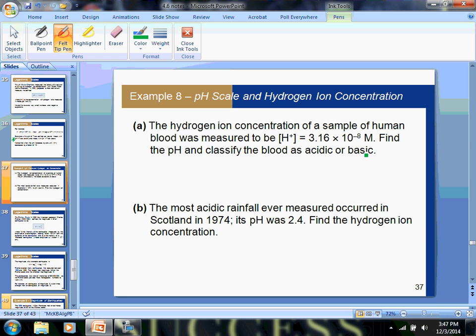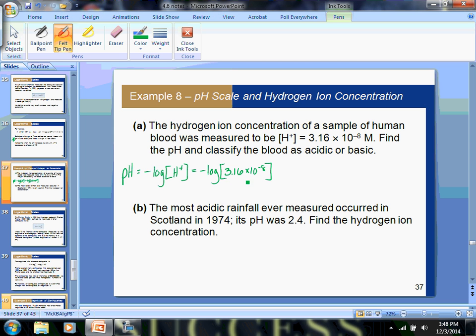So our equation then was pH is going to be equal to the negative log of our hydrogen ion concentration. So we have negative log, and they told us our hydrogen ion concentration here was 3.16 times 10 to the negative 8.